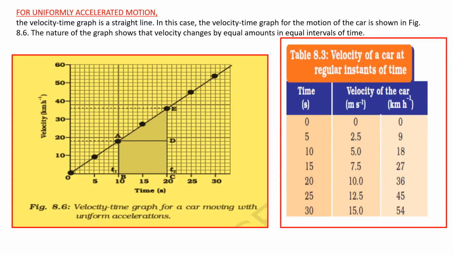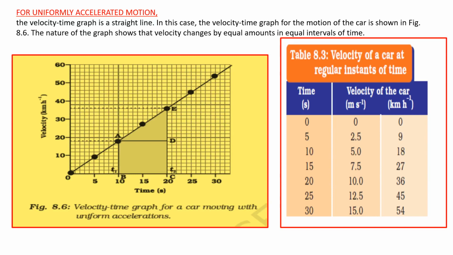For uniformly accelerated motion, we know that acceleration is equal to rate of change of velocity. Now if the change in velocity takes place in equal interval of time by equal amount, that is velocity changes by equal amount in equal interval of time, then its motion is said to be uniformly accelerated motion.